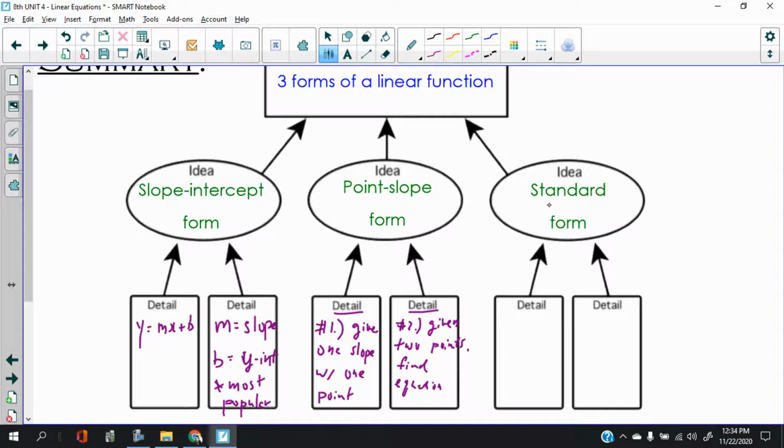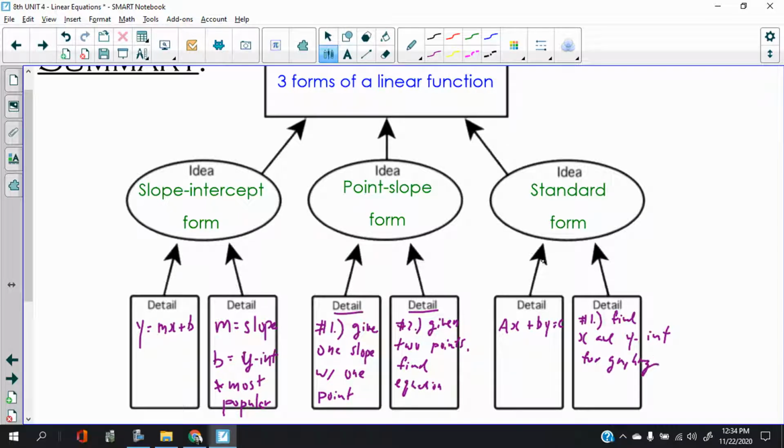And the third thing, I should be typing this. That's really what I should be doing. All right, standard form. Do you guys remember what the standard form is? Yep, Ax plus By equals C. What are the two things you should remember? One is you can find x and y intercepts for graphing.